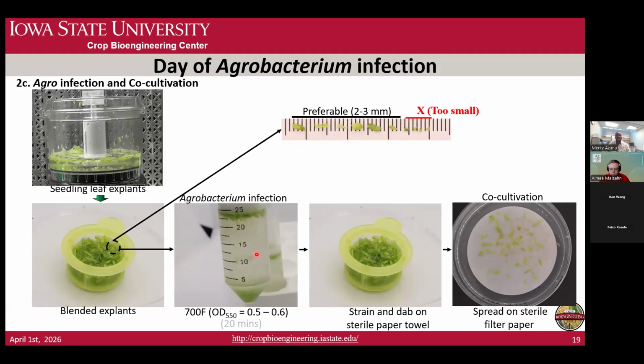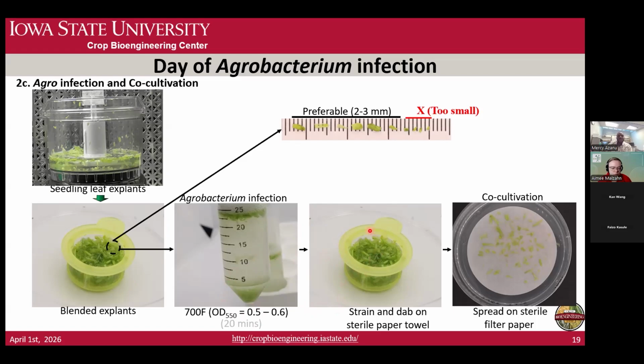This is also important because it slows down the clumping of the Agrobacterium, and at the same time it uniformly distributes the leaf segments so that the DNA integration is better. You do it for 20 minutes. You don't want to expose them for longer because you increase the clumping and also the cell death of the Agrobacterium.